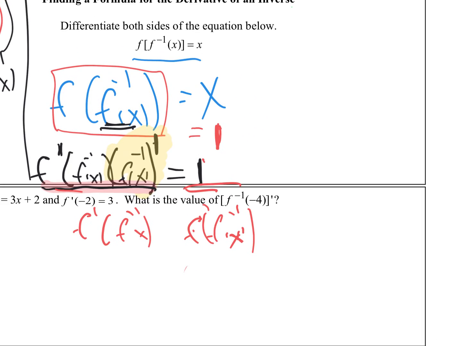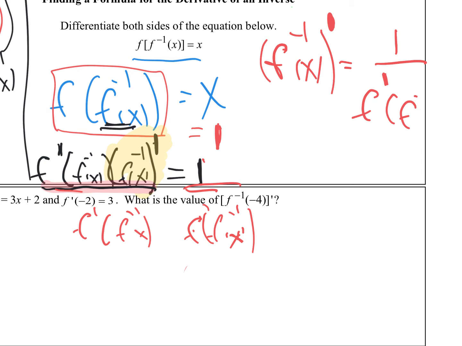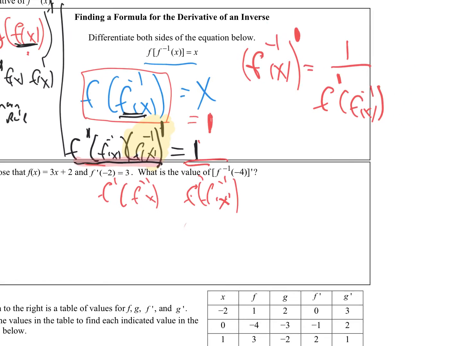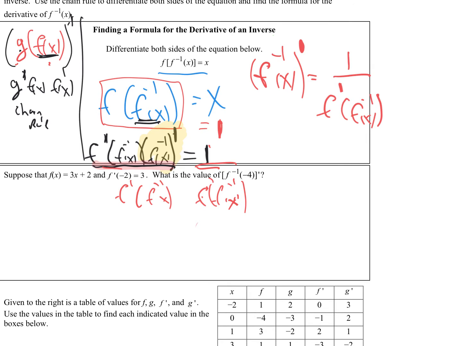I'll write it up here so I can erase it from down there: the derivative of f inverse of x is equal to 1 over f prime of f inverse of x. Okay, we weren't really using that on Monday. That's where my brain fog came in. I was doing the denominator, but I wasn't putting it in the whole fraction.